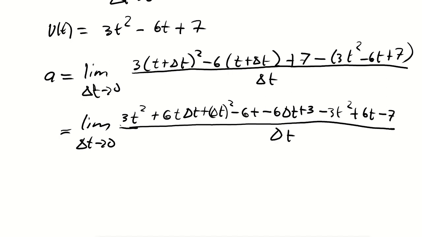So we can cancel out now 3t squared, 3t squared. Then minus 6t plus 6t. Then I forgot to put 7 here. Why is it 3? 6 delta t. This should be 7. So it will cancel out with that one, 7. Then cancel out delta t. This will become 1. Cancel out delta t and delta t.